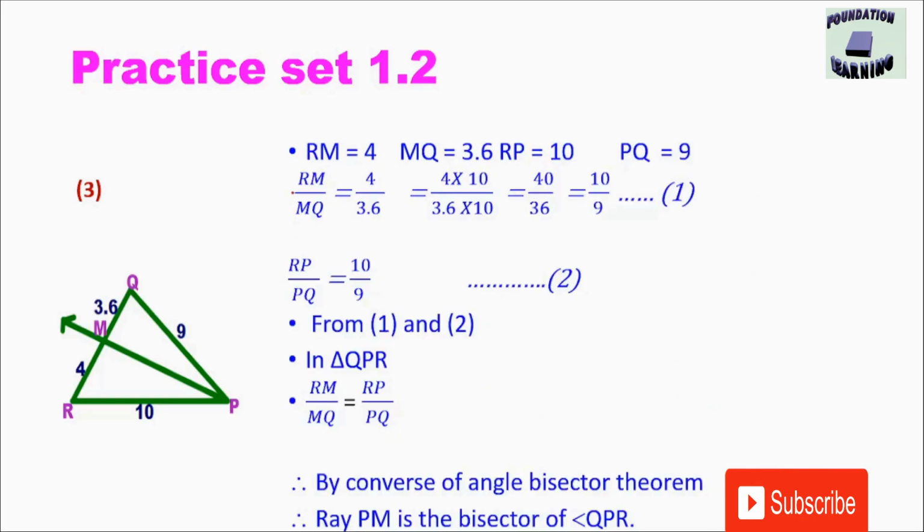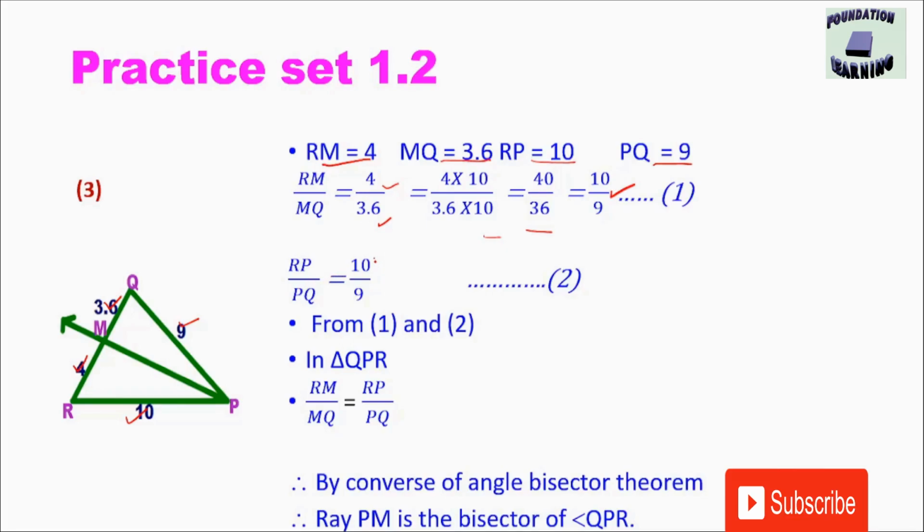Okay. So here we have RM is 4, MQ is 3.6, RP is 10, and PQ is 9. I'm just revising. RM upon MQ is 4 upon 3.6. I have multiplied by 10 and removed the decimal. Then we got 40 upon 36. After cancellation, we got 10 upon 9.